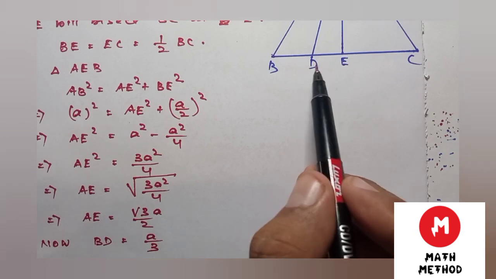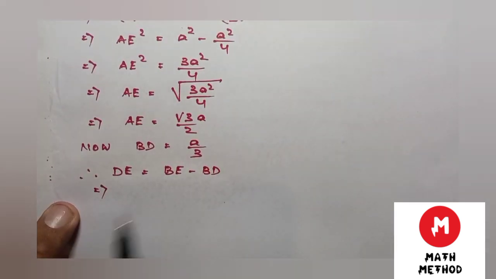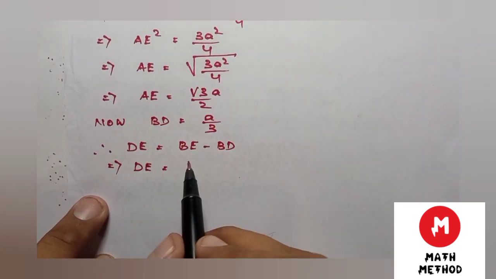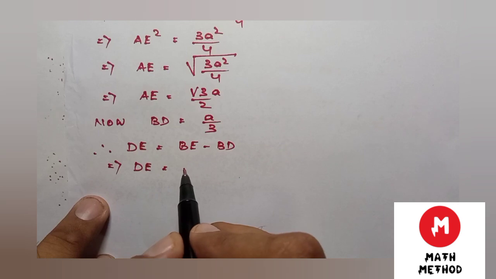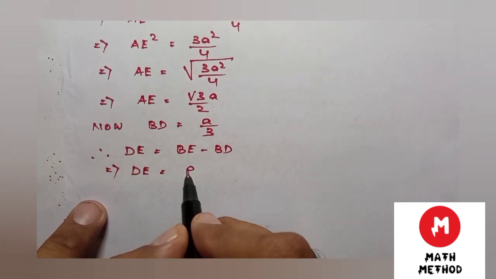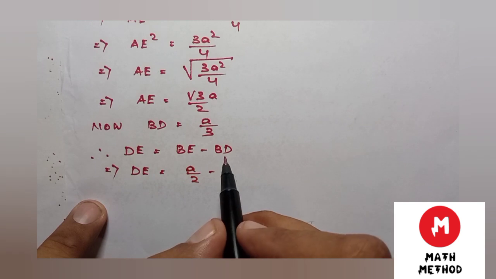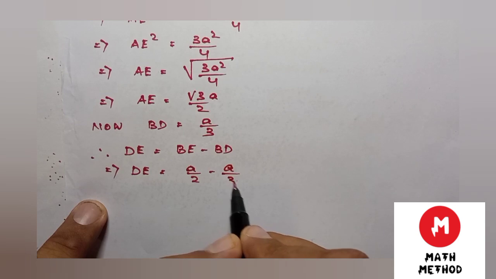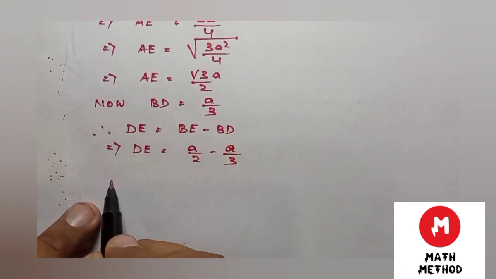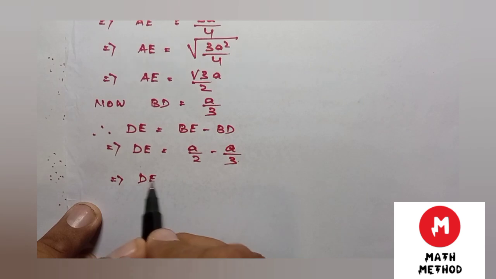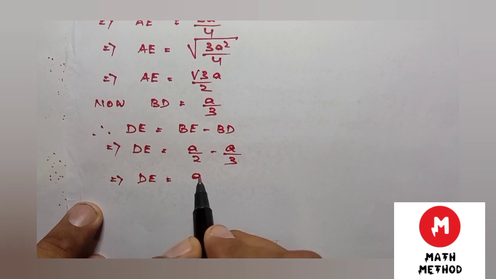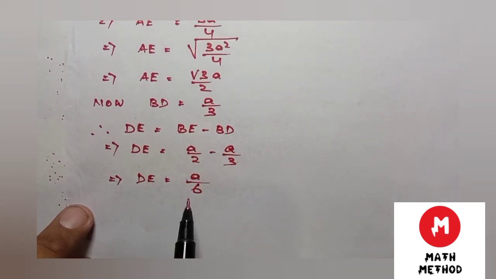So DE is equal to BE, which is half of BC, so it will become a by 2, minus BD, which is a by 3. This implies DE is equal to a by 2 minus a by 3, which will become a by 6. So DE is equal to a by 6.